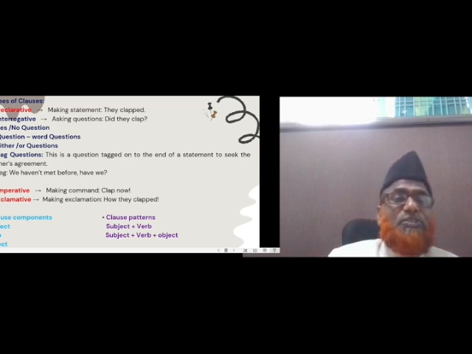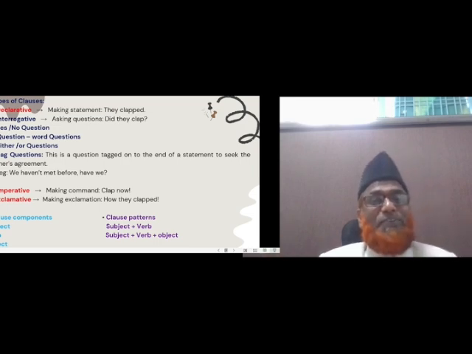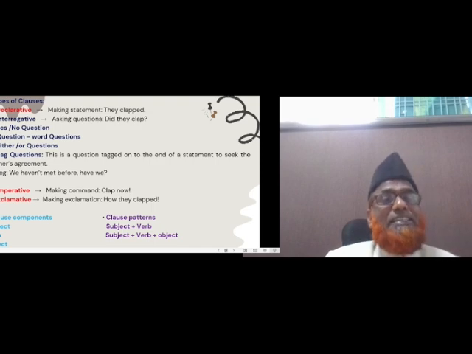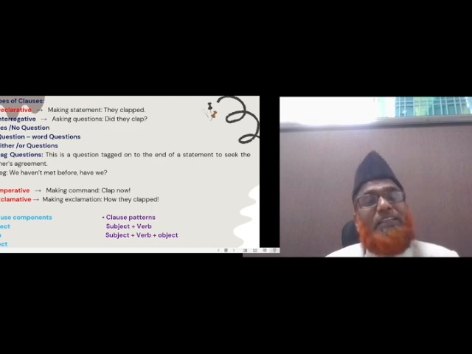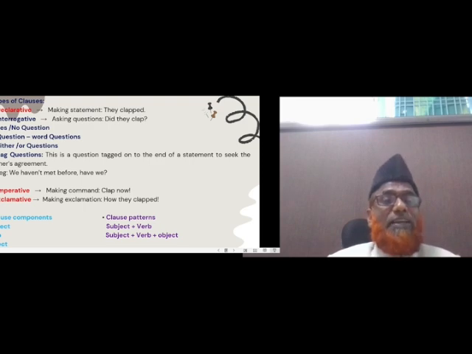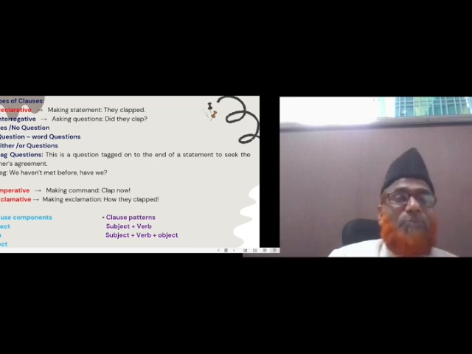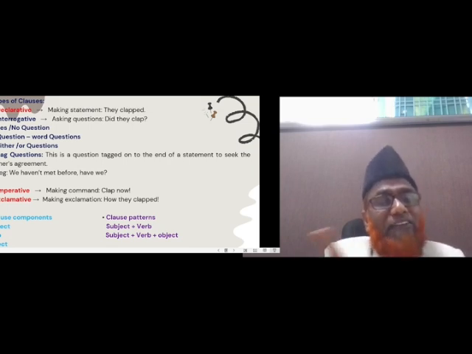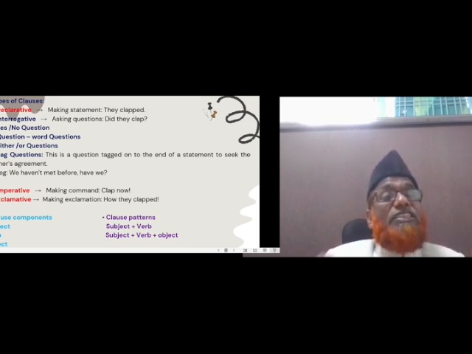So you see, if I use "we haven't," the other part would be positive. And if I use "we have met before," then the other part would be negative. This very basic thing must be clear: if one part is negative, the other part would be positive, and if one part is positive, the other part would be negative. And the other thing is that an auxiliary verb is used, like in "we haven't met before." Haven't is an auxiliary.